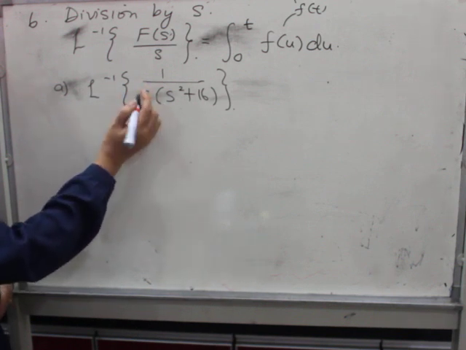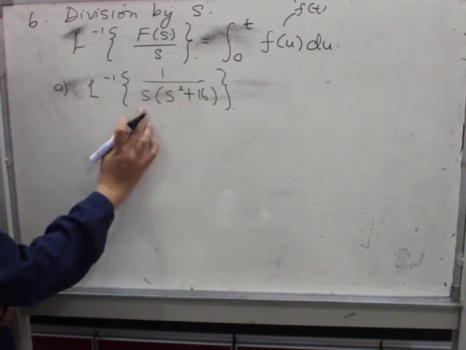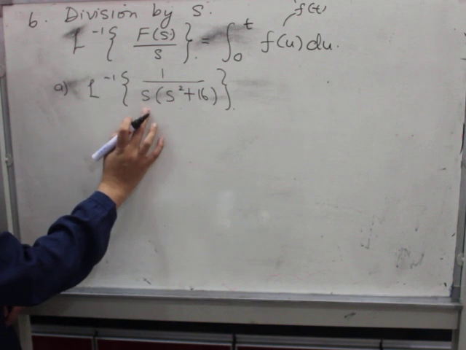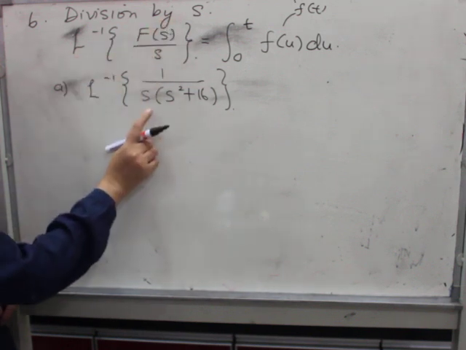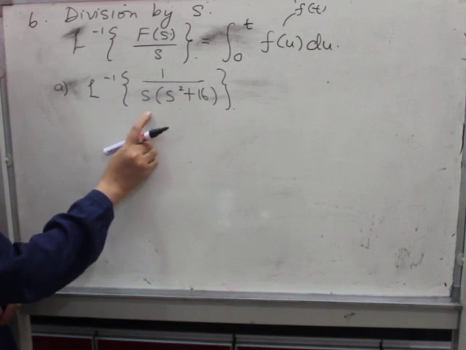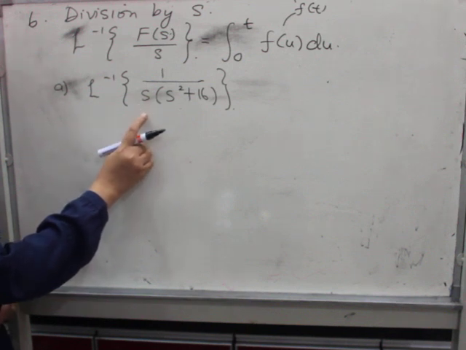Depending on the question, if it asks to use the property, then you use the division by S property. If the question asks for partial fractions, then you use partial fractions. Don't mislead the question. Please follow the instruction of the question.